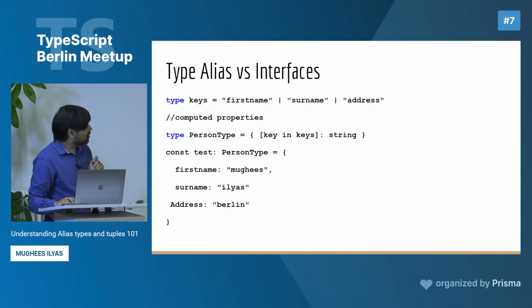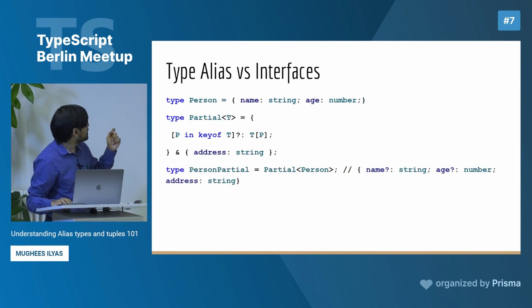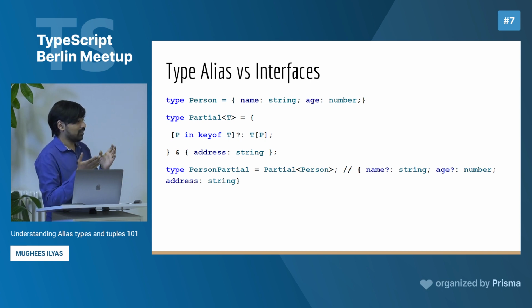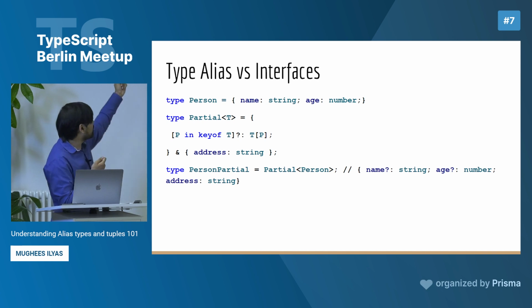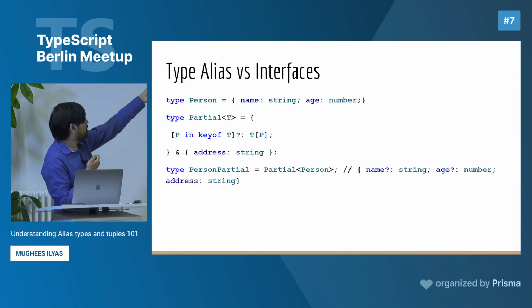Also, not only can it compute the properties from the keys, it can actually take another type, extend it and create a new type out of it altogether. For example, I defined my type as person, with name and string.